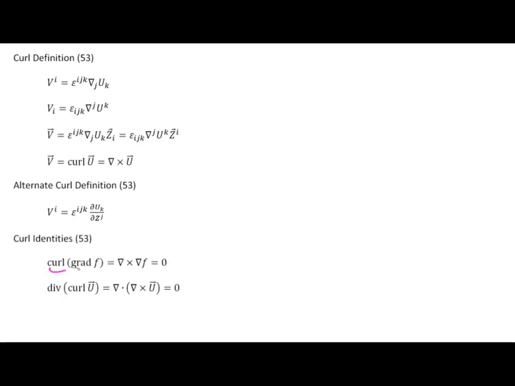The first is that the curl of the gradient is equal to 0, also expressed in dyadic form this way. And the other one was that the divergence of the curl, expressed this way in dyadic form, is also 0. Now, this identity is particularly important because we demonstrated that it is the test to show if a force is conservative.